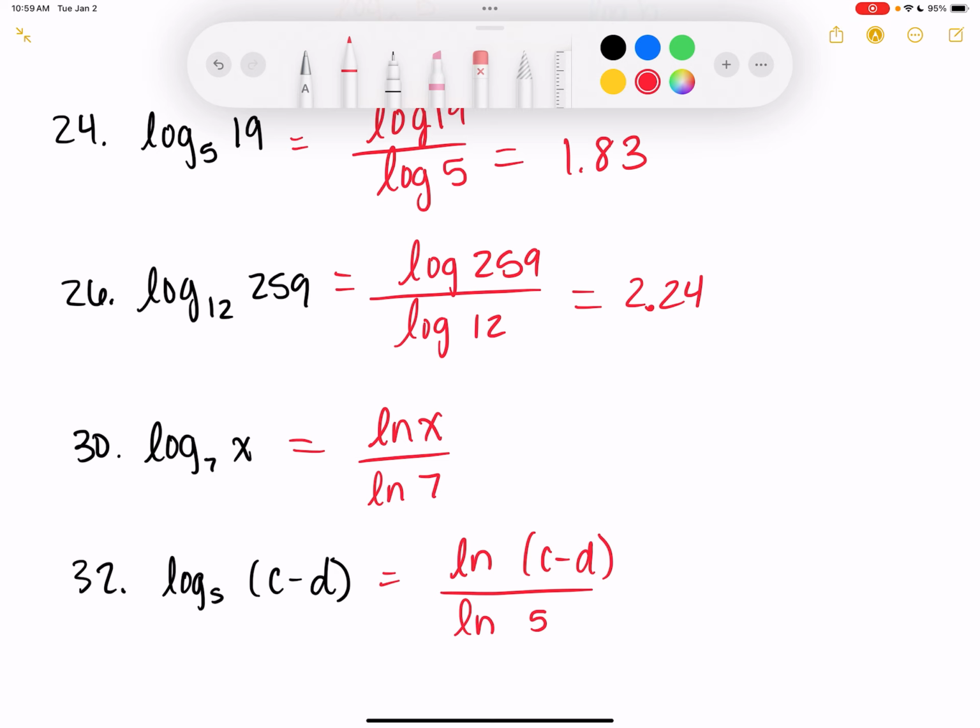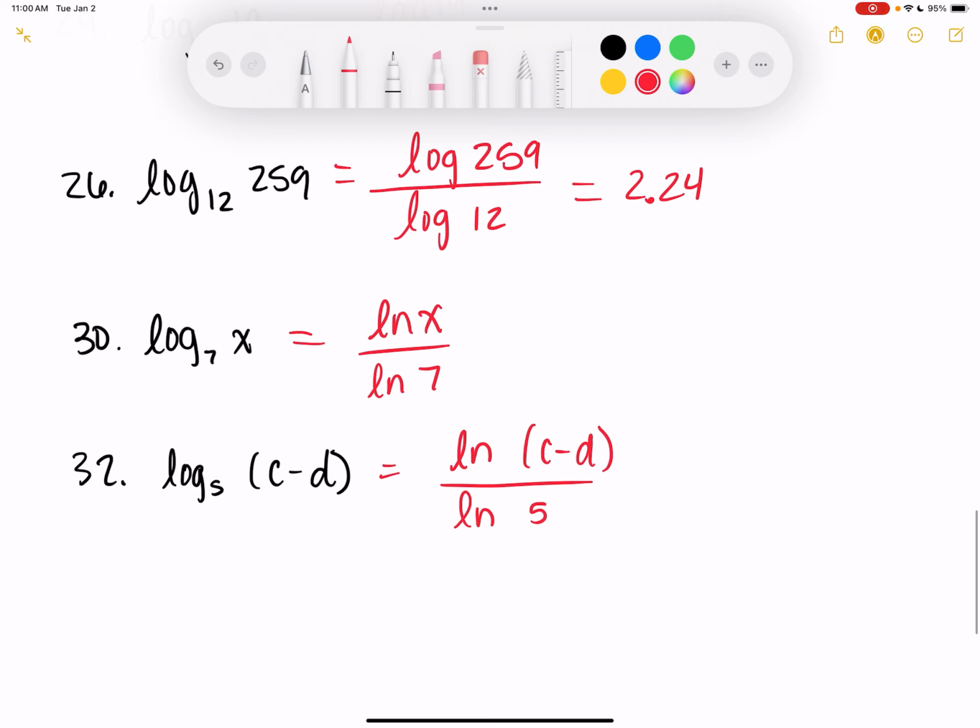Now, some people, because this is subtracting in here, get excited and think, oh, that's C divided by D. It's already condensed into one log, so it's not. That would only be the case if it were two separate logs, like the ln of C minus the ln of D. So that's why it stays just like that.